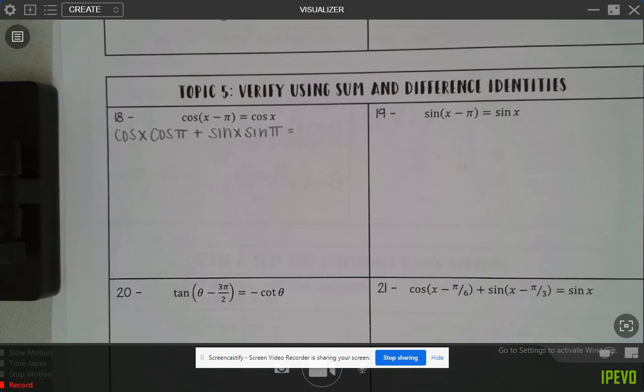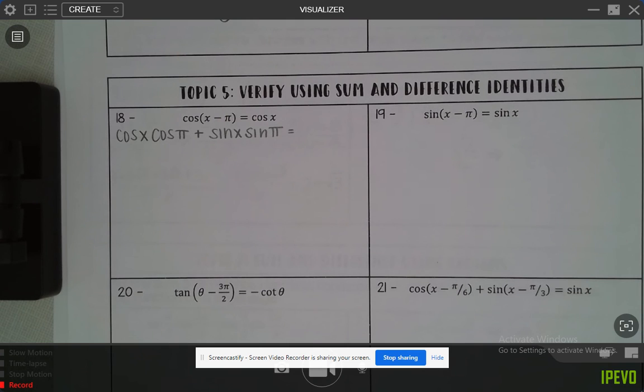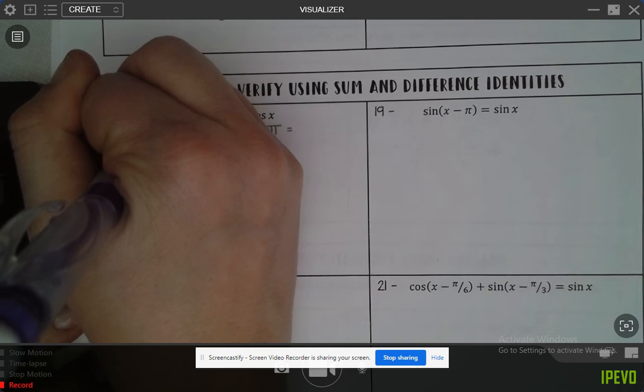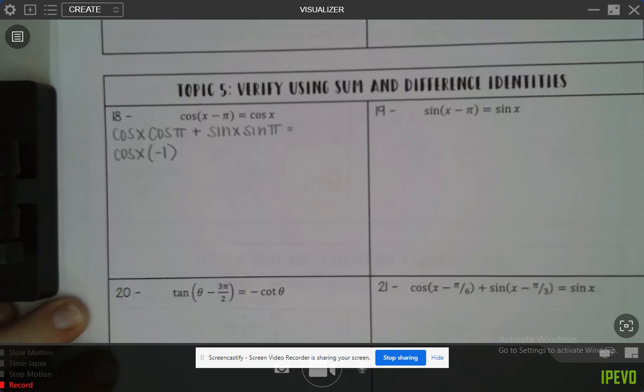Just using your formula. Cosine of x we can't do anything with because we don't know what x is, right? Cosine of pi. Max, 0, min. What is the cosine of pi? -1. So this is the cosine of x times -1 plus.